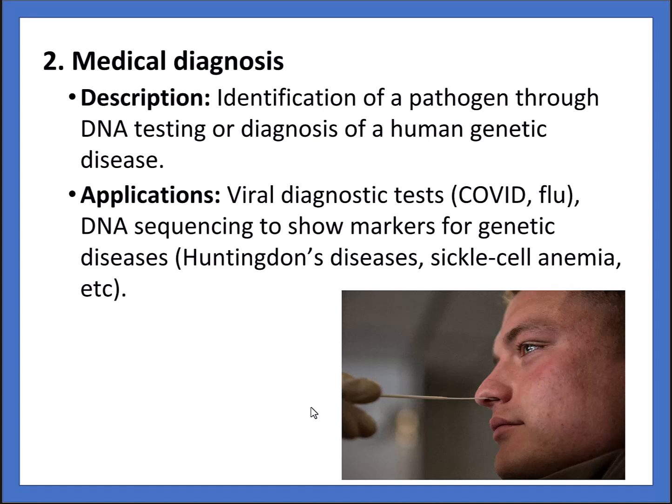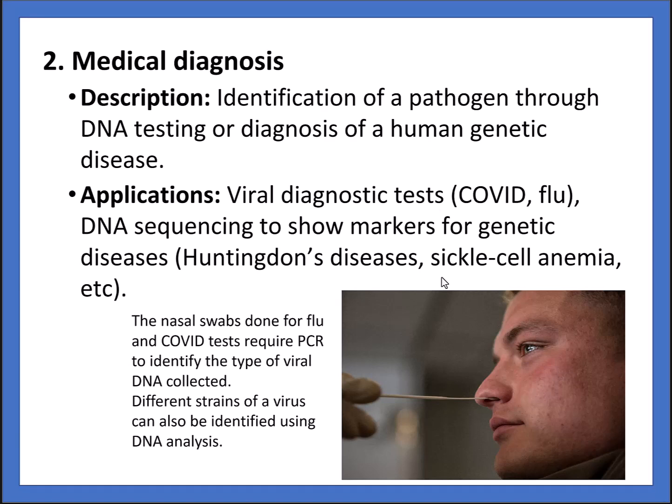Some of the COVID tests work differently, but they can identify the DNA sequence of the particular pathogen that's infecting you. Alternatively, it can be used to identify whether you have genetic markers for diseases like Huntington's disease or sickle cell anemia that don't necessarily show very clear symptoms early on.